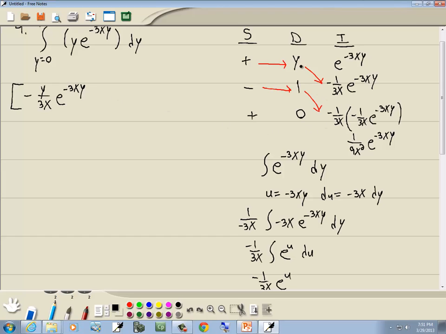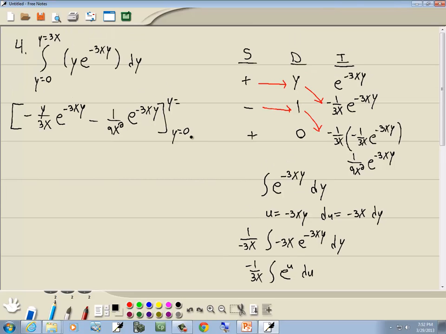So again, I took the y times this, and I just put the y up on top. Then minus 1 times this, well, this is 1 over 9x squared. So minus, and the 1 doesn't do anything, so this just becomes 1 over 9x squared e to the negative 3xy. And from y is equal to 0 to y is equal to 3x.